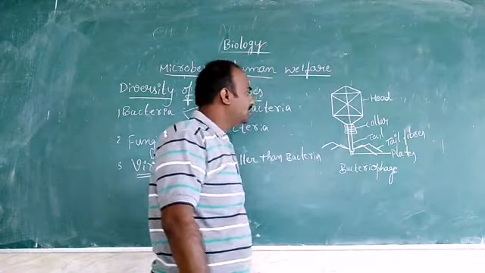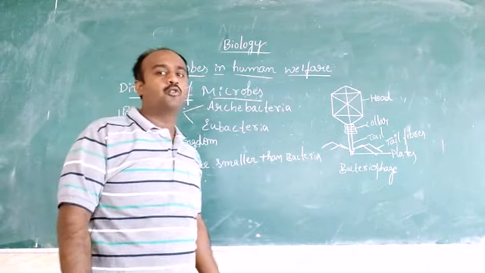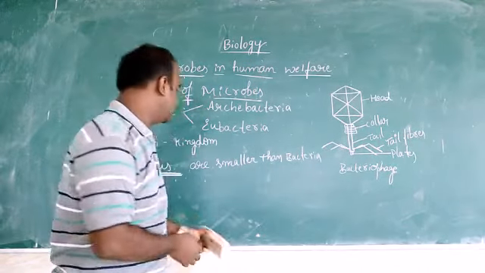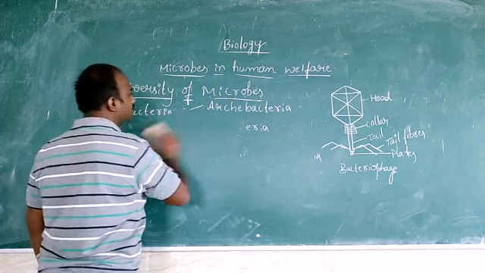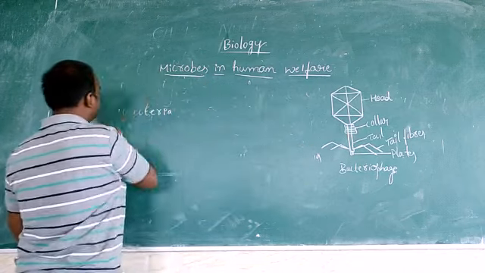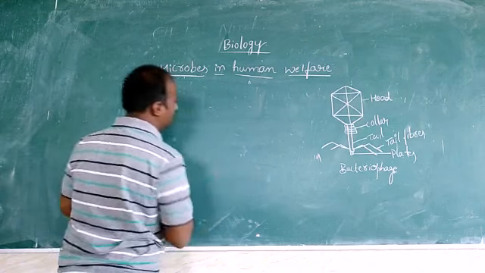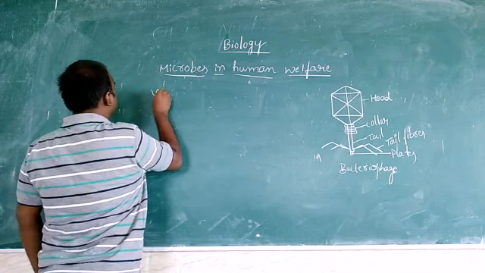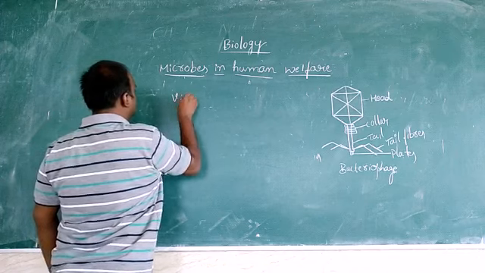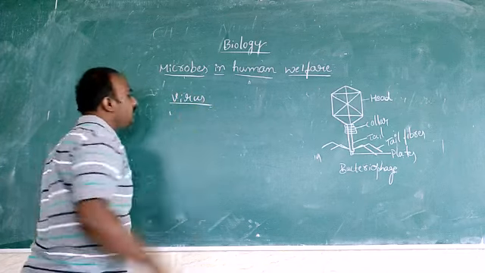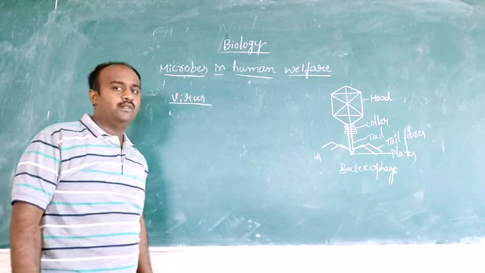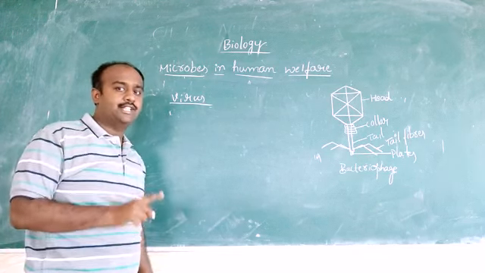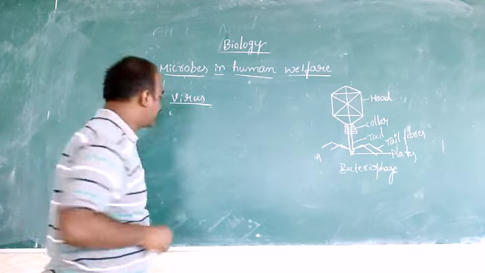Viruses have two major properties. If we see the properties of viruses, the first thing is the genetic material found in viruses is either DNA or RNA, but not both.